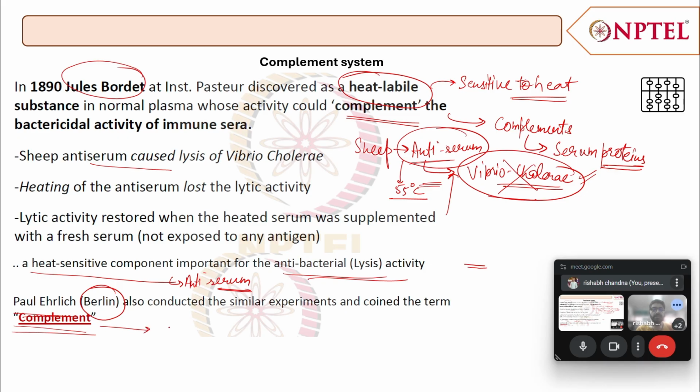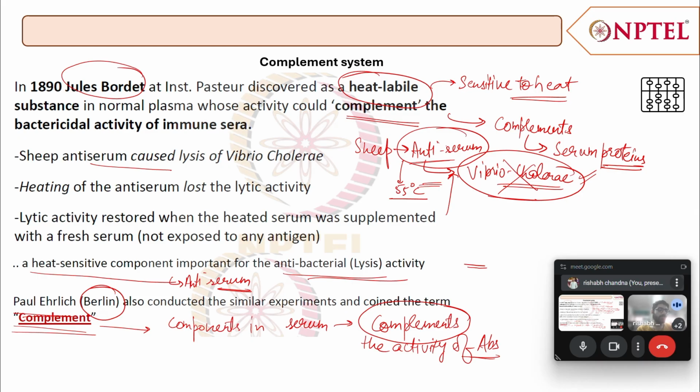He said that there are some components in the serum that complement the activity or the function of antibodies. That's why the name complement came through. So this system that lyses the bacteria is termed the complement system.